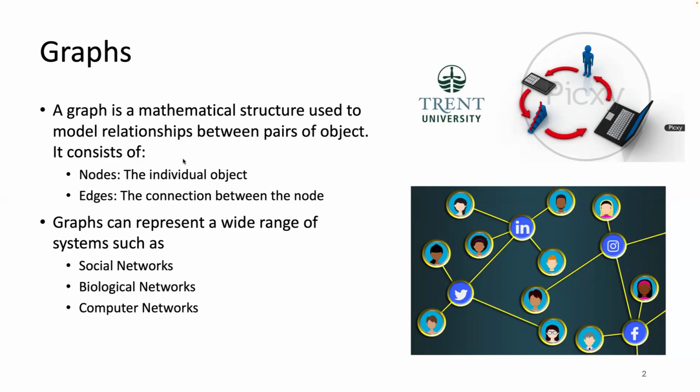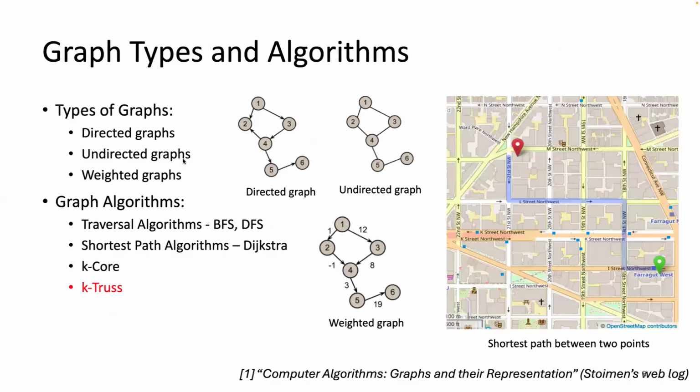So they show connections. And we have different types of graphs and algorithms. There are so many types of graph, so I've just listed three here: the directed graph, the undirected graph, and the weighted graph. The directed graph, according to the name, shows that the edges have direction, so they have arrows pointing from one node to another, right?